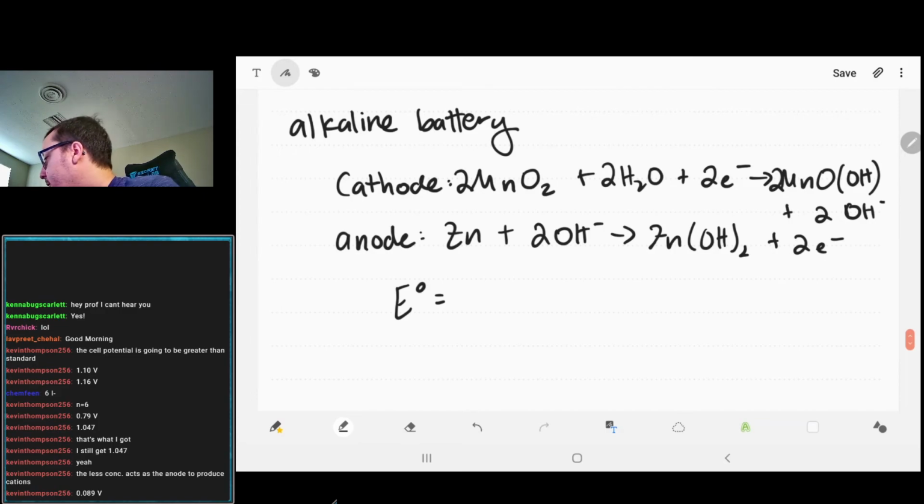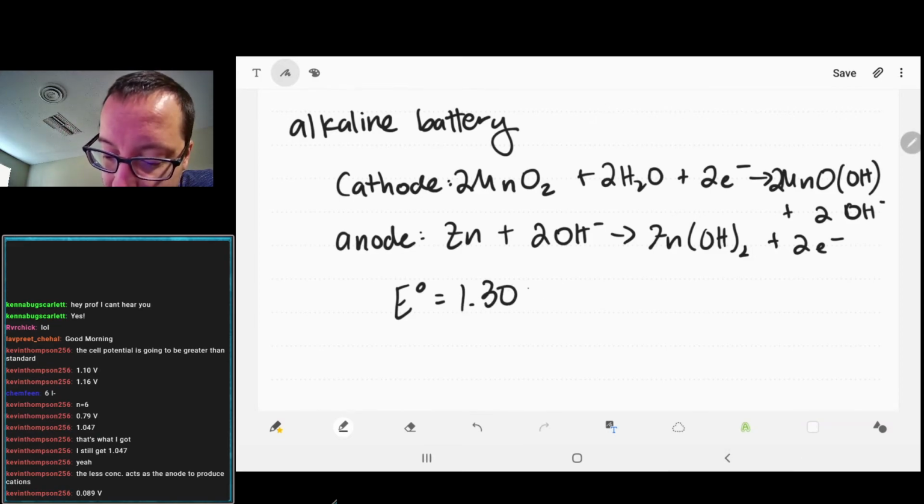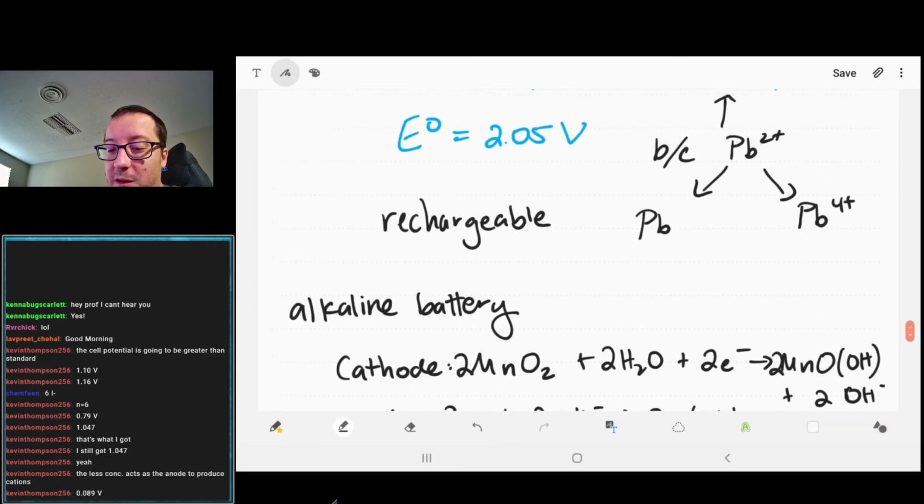This is about 1.3 volts, if I remember correctly when I calculated it. So we can see that we can get voltages in either acid or base conditions with various different compounds. And by varying the concentration and the number of cells that you have in a battery, you can really ramp these up to high voltages if you really want to. So obviously 2 volts is not going to be enough to start a car, right?